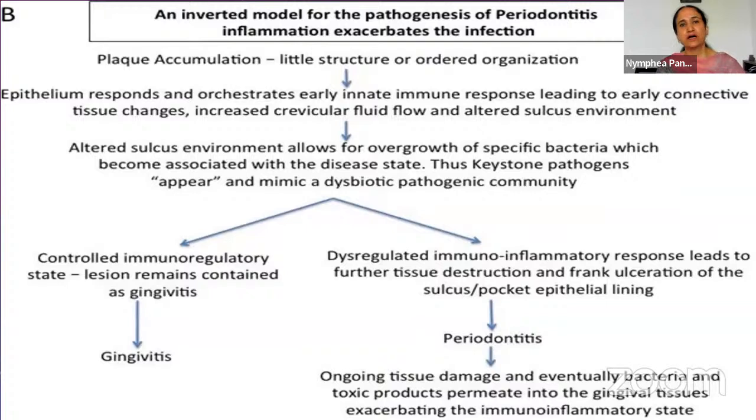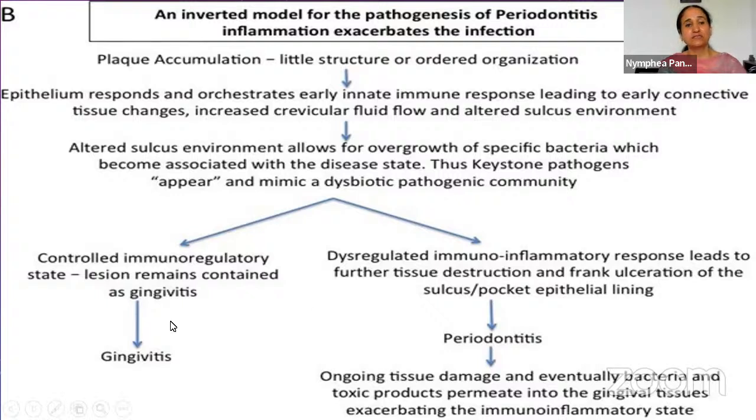So this model said that there is plaque accumulation. We are again going to the non-specific plaque hypothesis. We are not talking about one particular organism; a group of organisms will cause disease. There is inflammation, epithelial breakdown, and crevicular fluid flow, which causes a local inflammatory area.